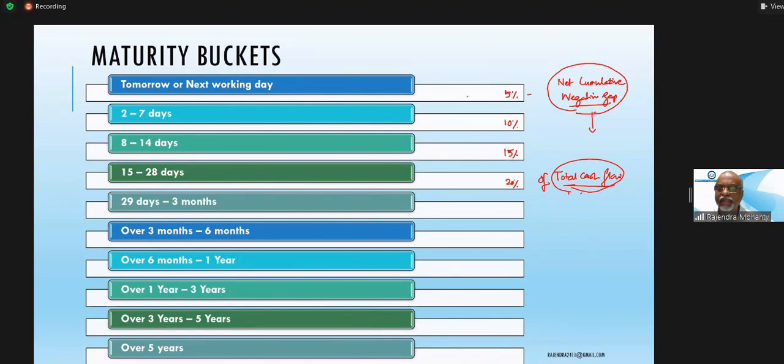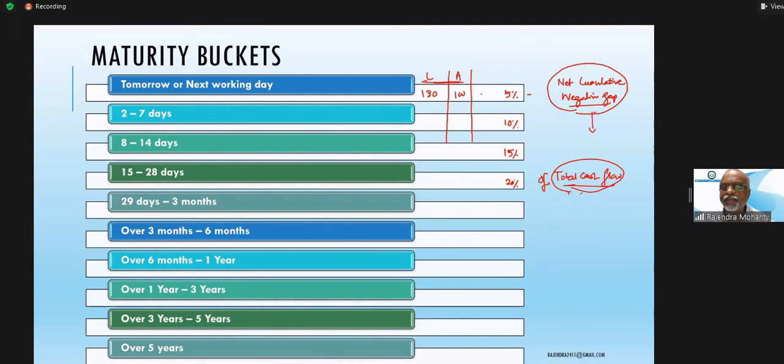Suppose I make a column here. For the first one, we will discuss, this is the liability, this is the asset. As on tomorrow, I have a liability of say 130 and I have an asset of say 100.